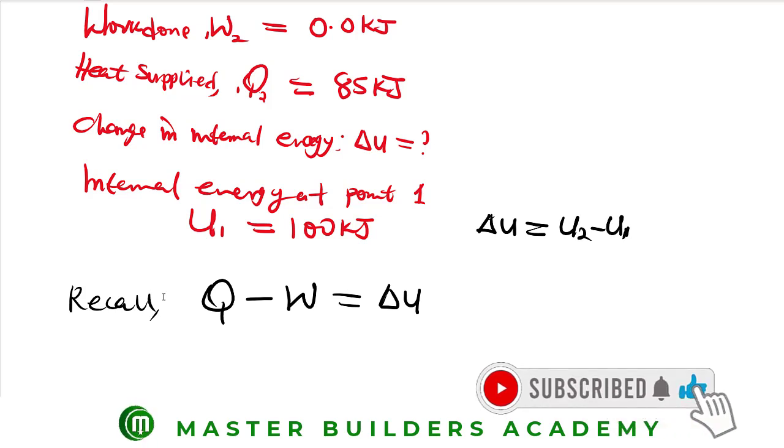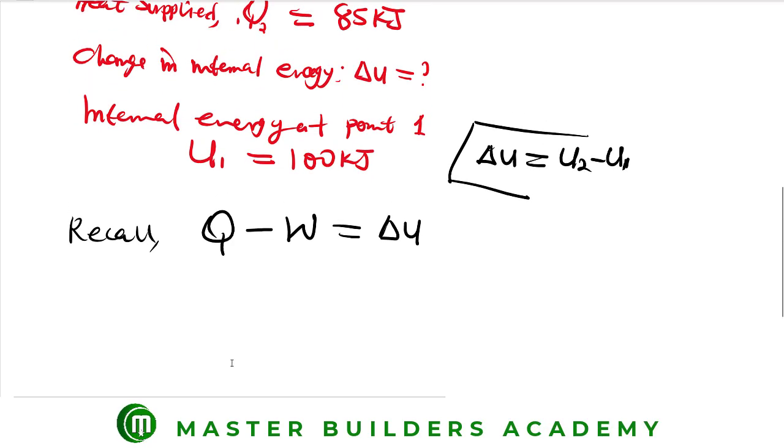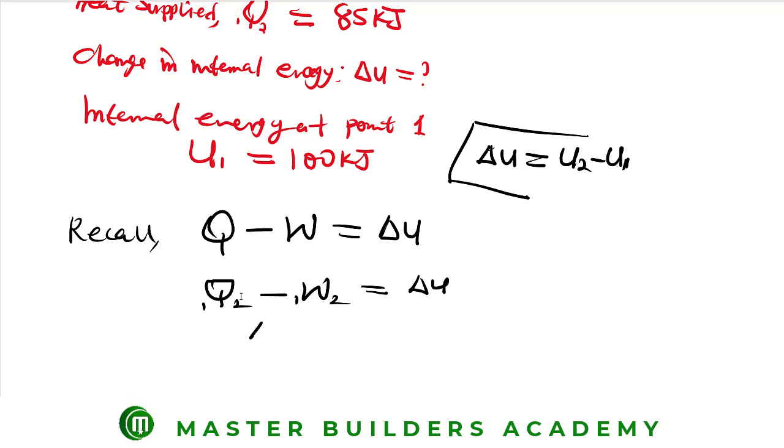To suit this equation to this particular process, we say Q1 to 2 minus W1 to 2 is equal to the change in internal energy.